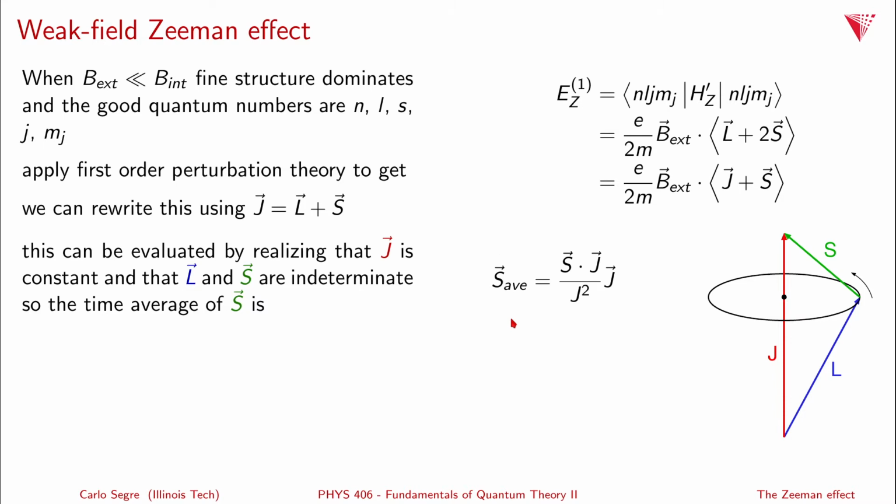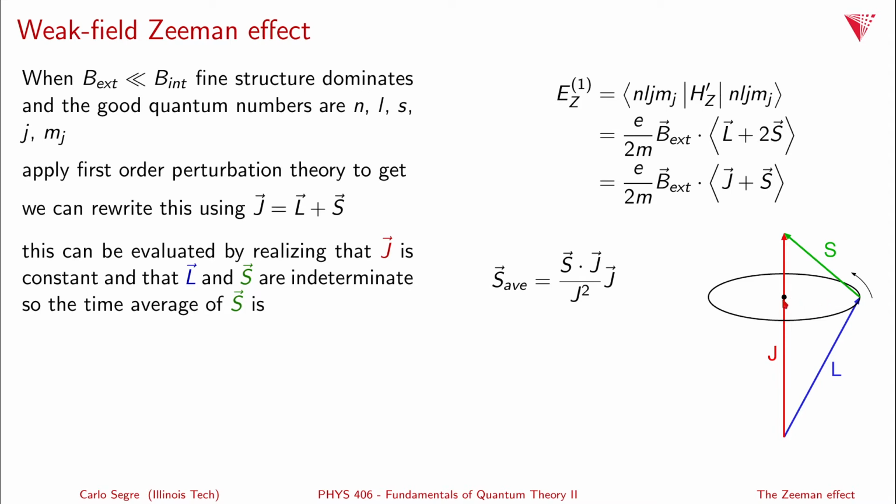So we can write the average value of S vector is equal to S dot J, that is the projection of S onto J, divided by J squared times J. So because we have J and J here, we have to divide by J squared, and that'll give us the average value of S. That is, the part that's perpendicular to J averages out because it's indeterminate.